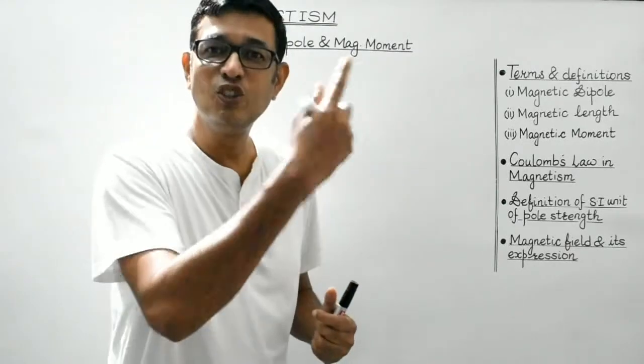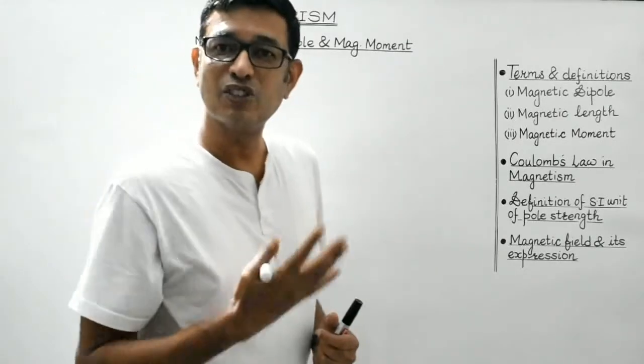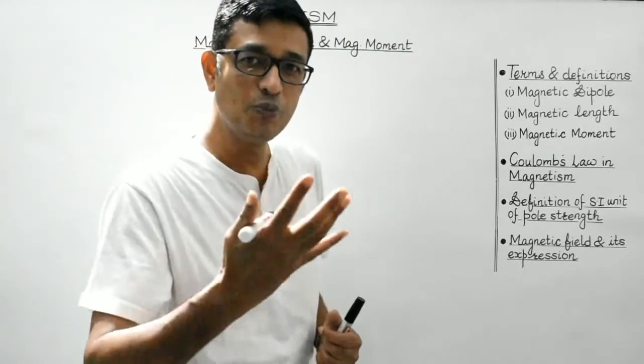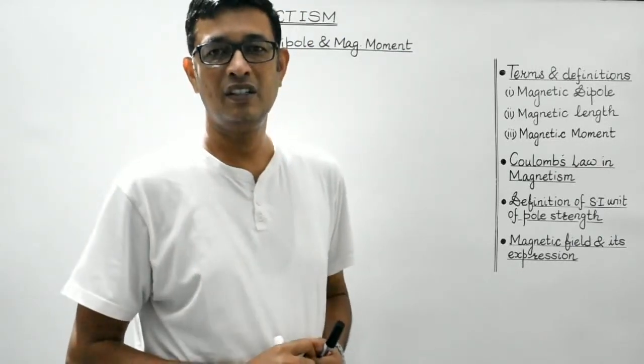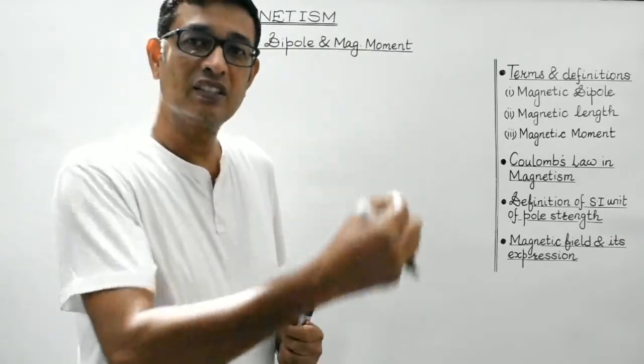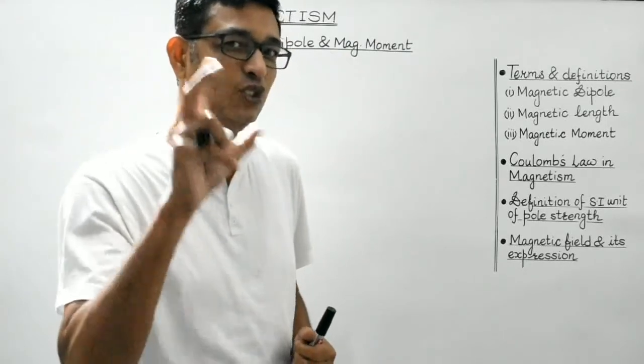A current carrying loop, one face of which we have discussed behaves as a north pole while the other face behaves as a south pole. So a current carrying loop behaves as a magnetic dipole. Actually, the electrons revolving around the nucleus inside an atom or molecule constitute small current carrying loops.